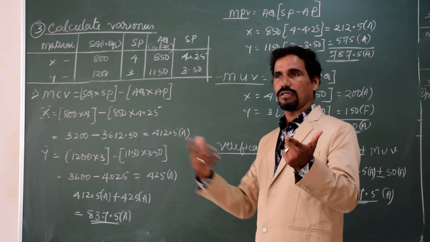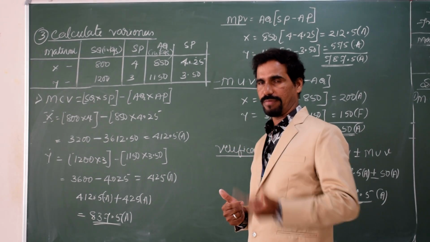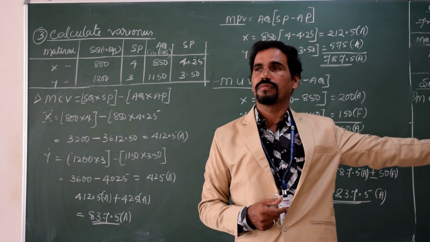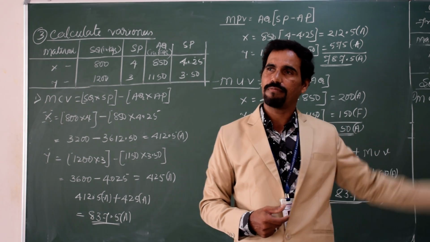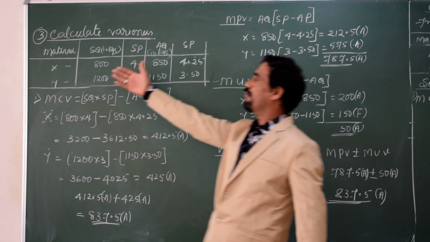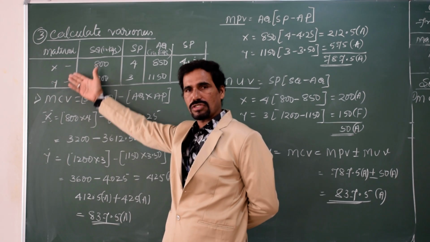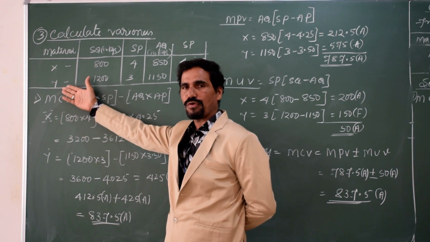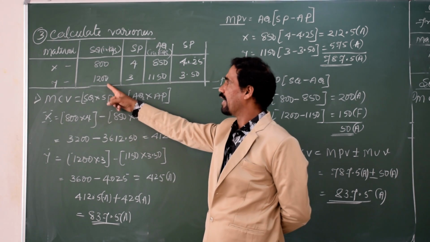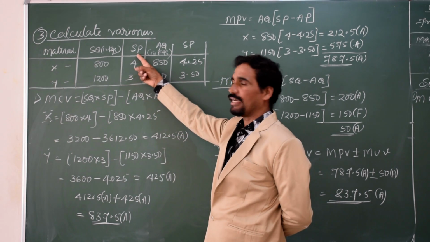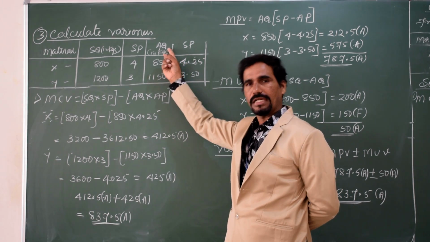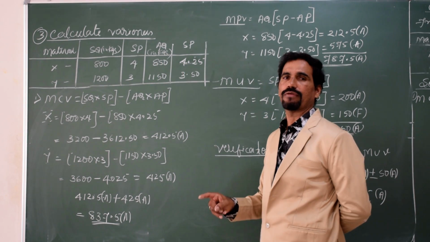When both come adverse, both should be added. When one is adverse and one favorable, one is plus and one is minus. We found the favorable and adverse case in the first example, but here let us see how to apply it. The same format is given, with materials X and Y. Standard quantity in kgs: 800 of material X and 1200 of material Y. Standard prices are 4 rupees and 3 rupees, and actual quantities in kgs are 850 and 1150.